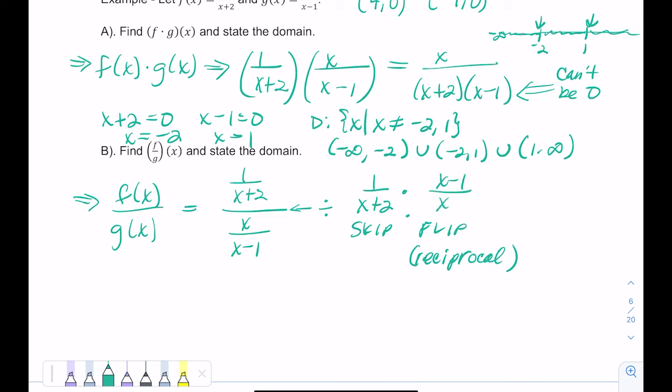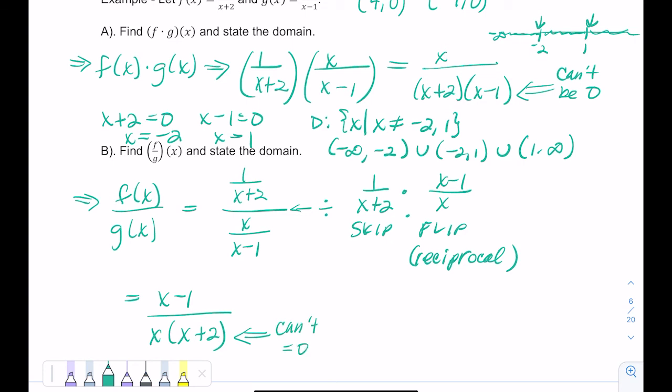And now remember, you're going to multiply straight across. So 1 times x minus 1 is just x minus 1. And in the denominator, you could just leave it as x times x plus 2. So remember, there's a problem. The denominator can't equal 0.